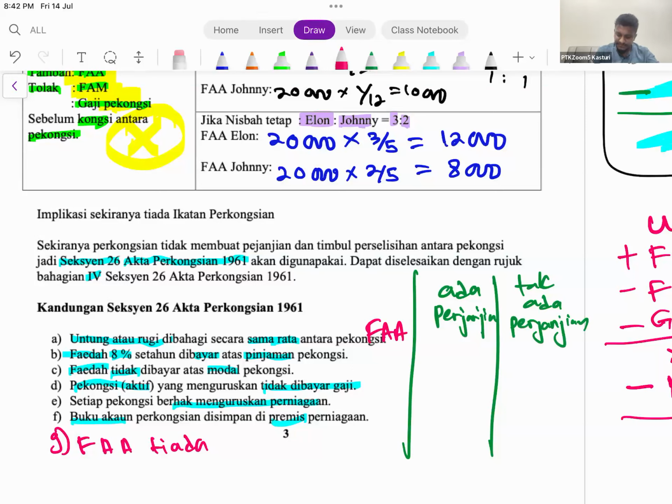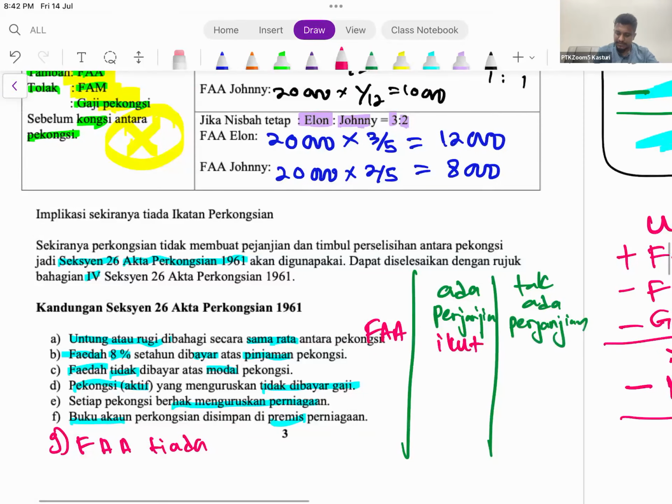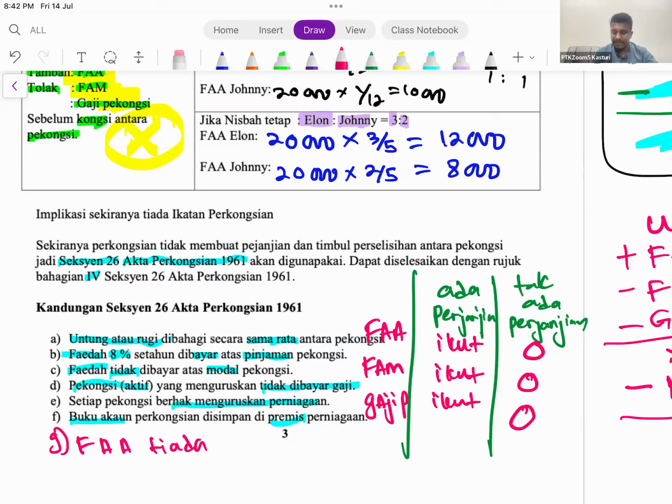Kalau ada perjanjian, kita akan ikut perjanjian. Kalau tak ada perjanjian, tak ada, 0. Faedah atas modal, kalau ada perjanjian, peratus dia kita akan ikut perjanjian. Kalau tak ada perjanjian, 0. Gaji perkongsi ikut perjanjian. Kalau tak ada perjanjian, walaupun dia perkongsi aktif, dia tak layak dapat apa-apa gaji.